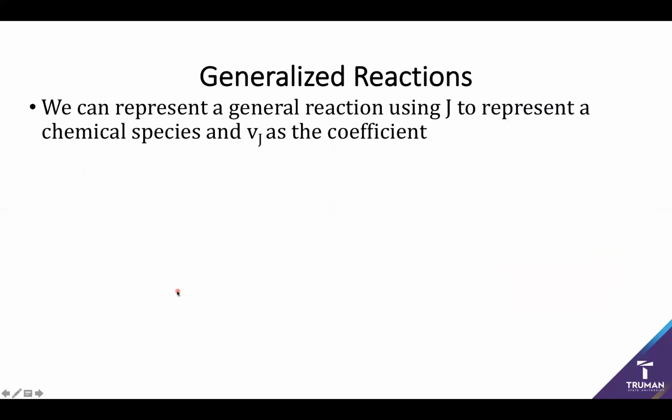Now, one of the other things that's worth noting is that we just looked at a simple relationship of A goes to B. In truth, we often have a lot more complicated reactions. So we want to go ahead and extend our free energies and thus our equilibrium constants to include any number of chemical species.